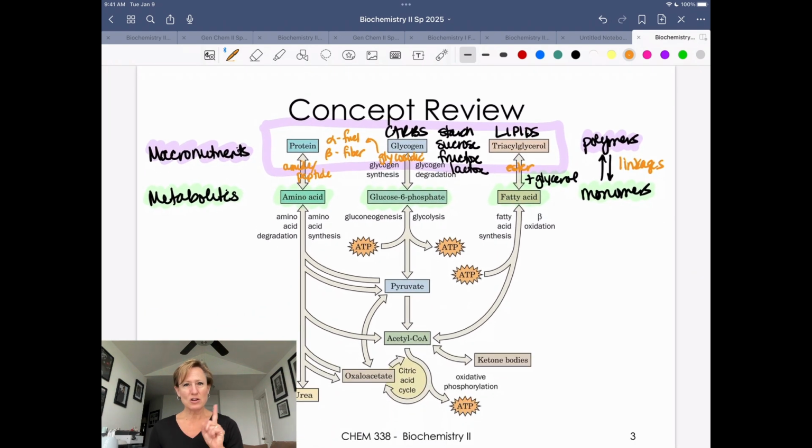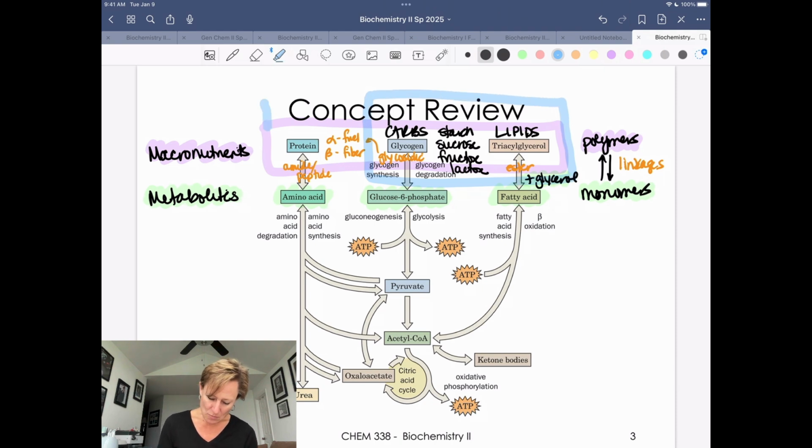I'm going to zoom back out here for a second because I want to compartmentalize these macronutrients in two ways as well. Even though we have three things that make up our dietary plate, if you will, and when you talk about different diets, there's a protein component, a carbohydrate component, and a lipid component. But these are not all created equal. I'm going to bin them in this way, and I think you'll know why.